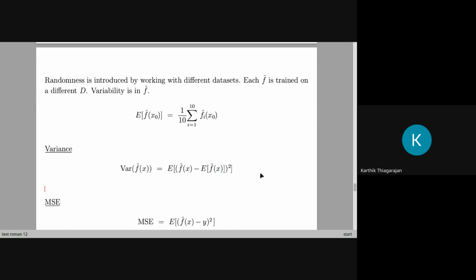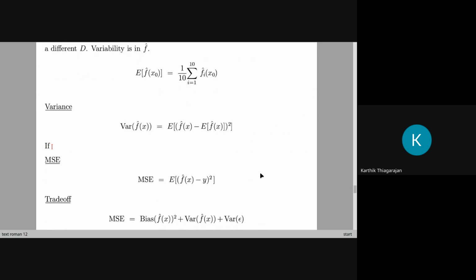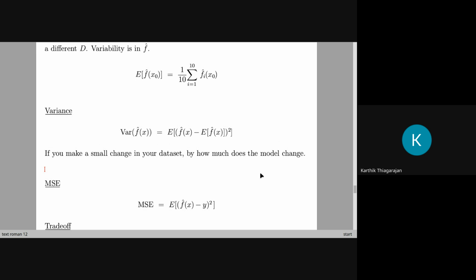Usually the way we understand it is, if you make a small change in your data set, by how much does the model change? That is what variance captures. For example, you are testing at a single point x naught. If you change d1, let's say d1 gives you f hat 1, d2 gives you f hat 2.